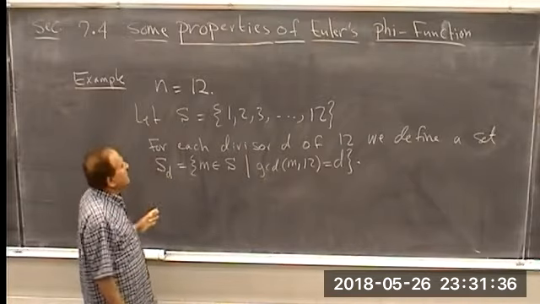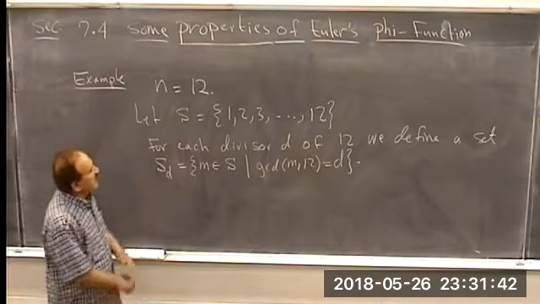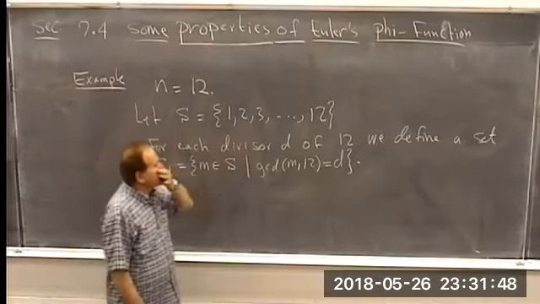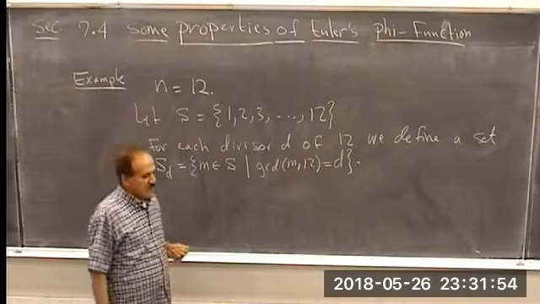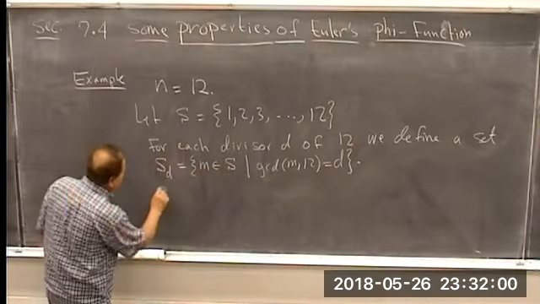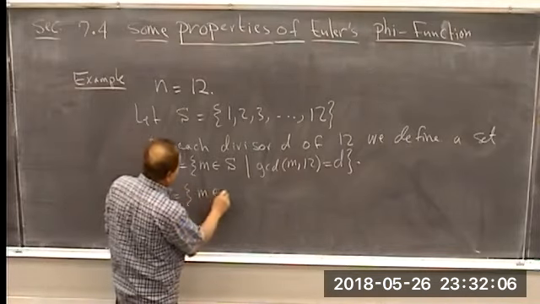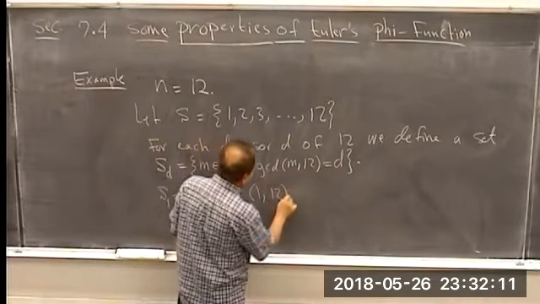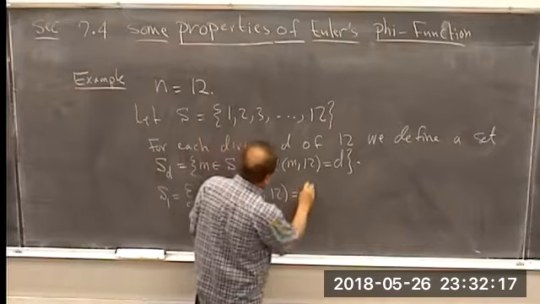And when I consider all of them, meaning all the divisors and the different S sub d's for these different divisors, the union of these is going to be all of S. Such subsets of S are called a partition of S. So in our case, for the divisor 1, S1 consists of the integers m in S such that the greatest common divisor of m and 12 is equal to 1.